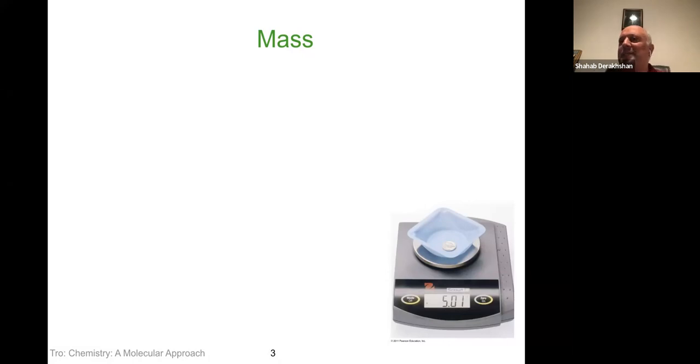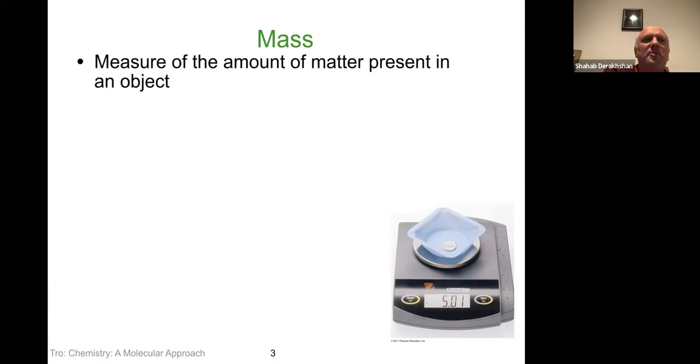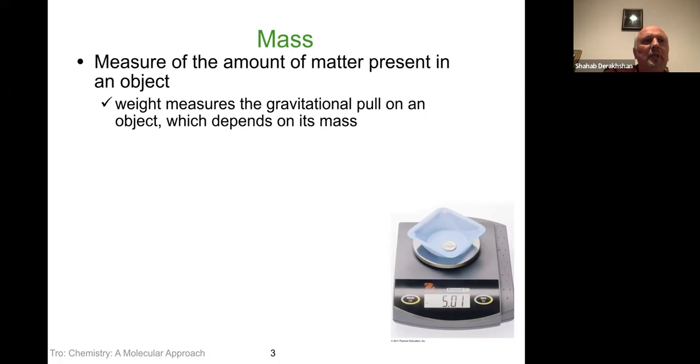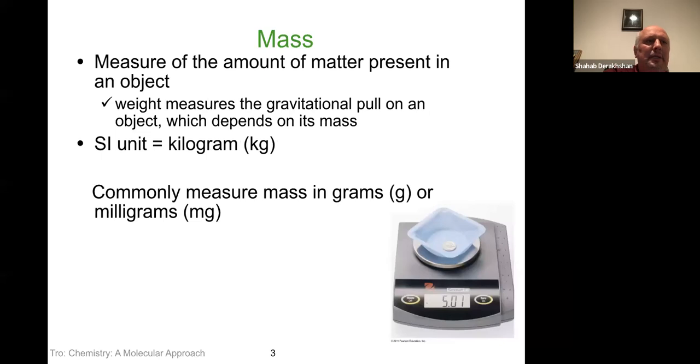We have multiple ways to measure the mass, the amount of matter present in an object. So SI unit, as we discussed, is kilogram. And depending on what we are weighing, we can use different subunits.